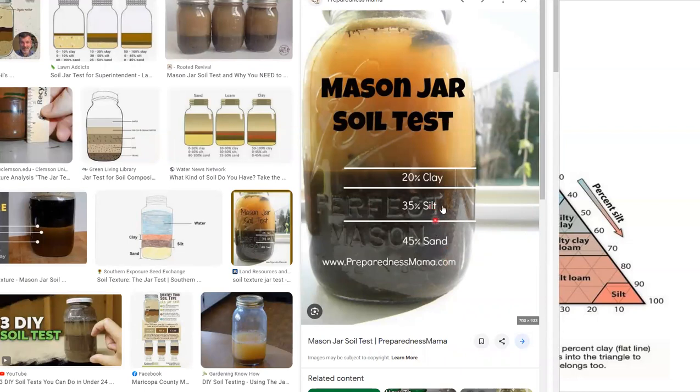This can be done in the lab, but they do it similarly, under some pretty controlled conditions. But you essentially take a sample of the soil, you put it in a jar, and you shake the heck out of it to break up all the different particles.